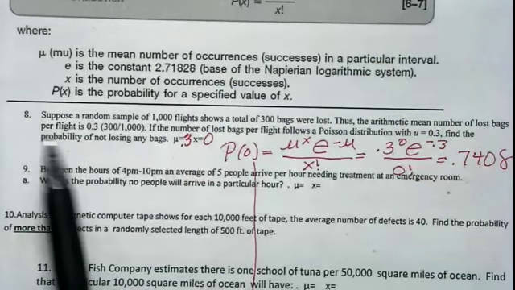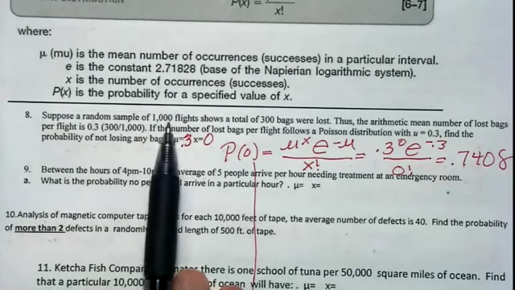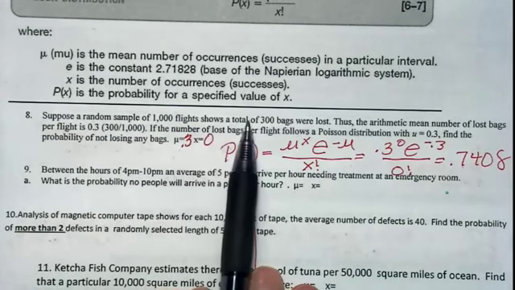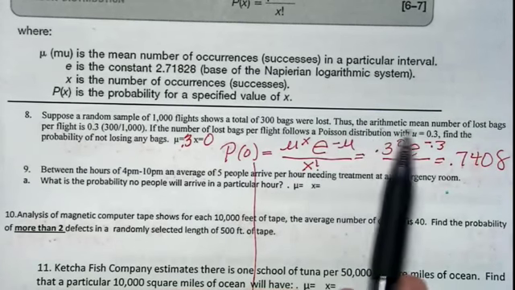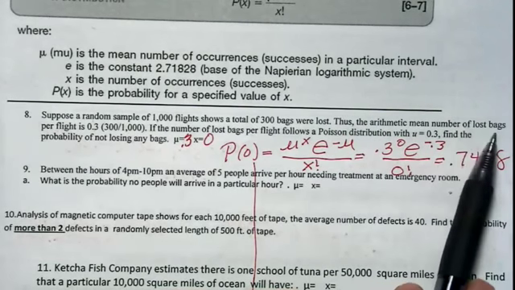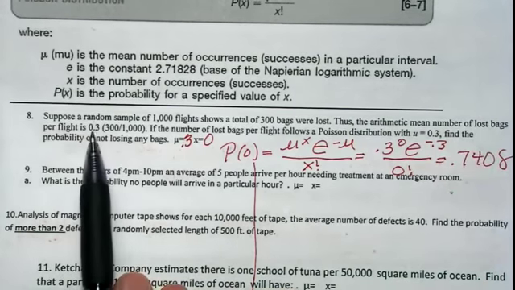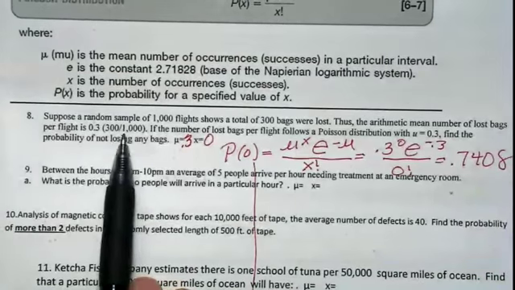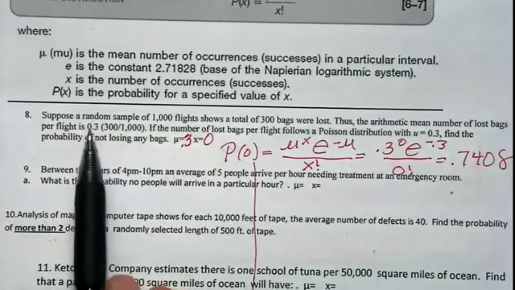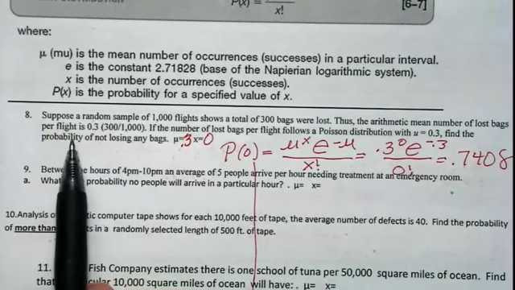So let's look at our first example. Suppose a random sample of 1,000 flights show a total of 300 bags were lost. Thus, the arithmetic mean number of lost bags is 0.3. How did I calculate that? 300 divided by 1,000, there's 0.3 lost bags per flight.